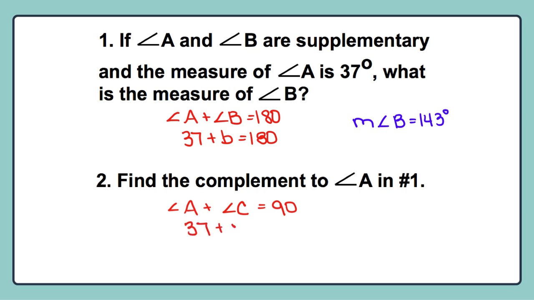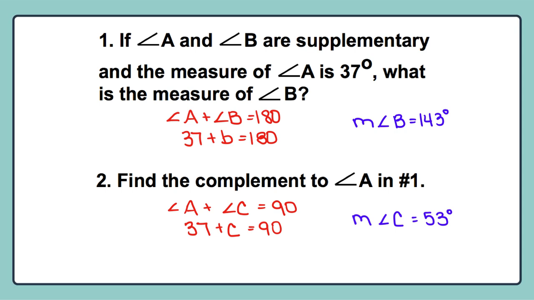And we're looking for the complement, so they equal 90. How are we going to find the complement to the 37 degrees? 90 minus 37 is? 53. All right, so the measure of angle C is 53 degrees.